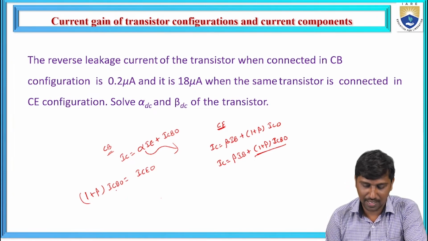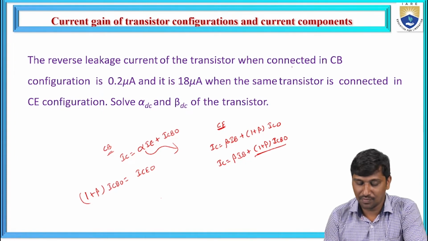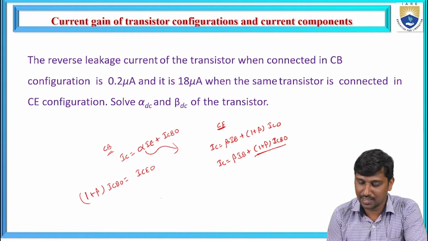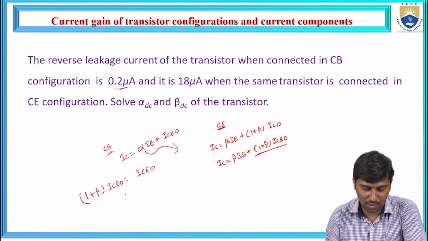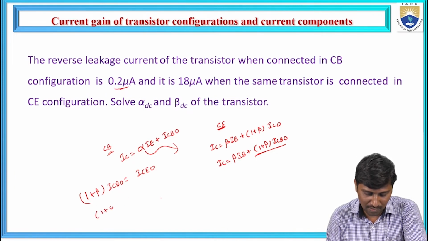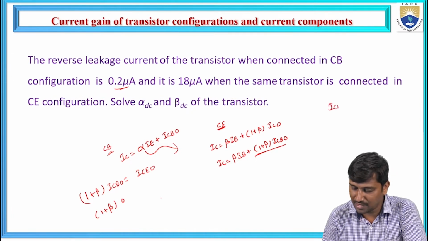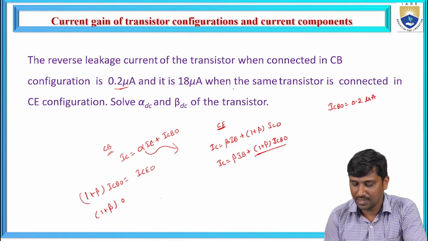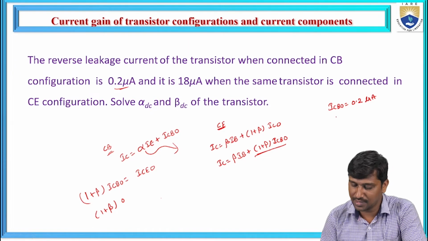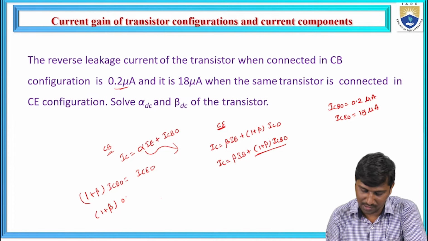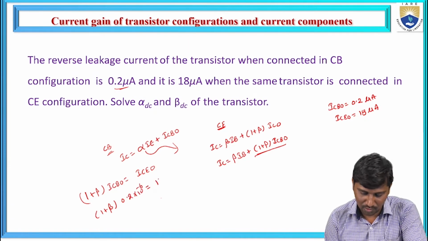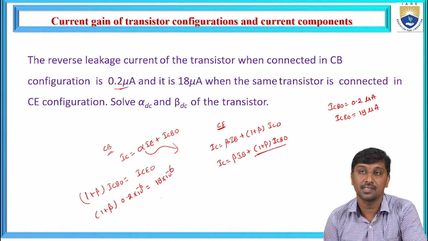From this we can write: when connected in CB configuration, ICBO is 0.2 microamperes, and with the same transistor connected in CE, the reverse saturation current ICEO is 18 microamperes. So 1 plus beta times 0.2 into 10 to the power of minus 6 is equal to 18 into 10 to the power of minus 6.